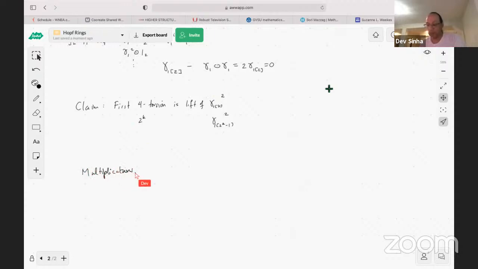First, let's think about gamma 1 transfer 1 times itself. What you can do is take its sum over the coproduct.